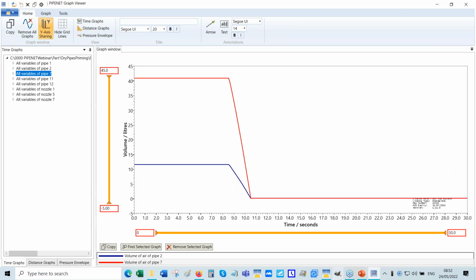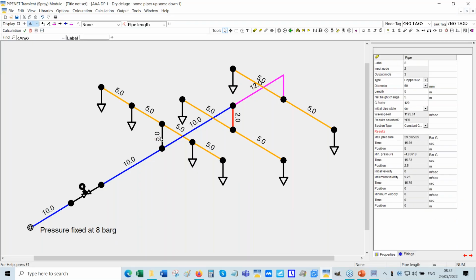So although this pipe is only half the length of that pipe, the priming time is the same.